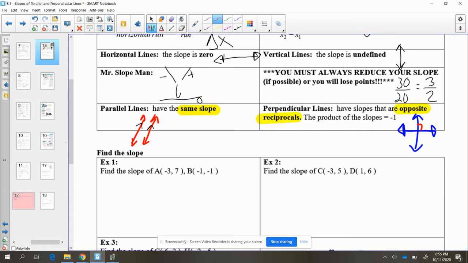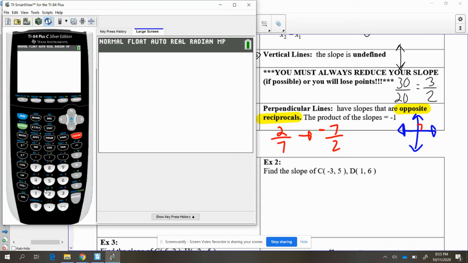So for example, on this one, let's say we have 2 over 7, then the opposite reciprocal of that is going to be -7 over 2. And again, you can always check, are these in fact opposite reciprocals? If we take 2 sevenths times -7 over 2, we get -1.